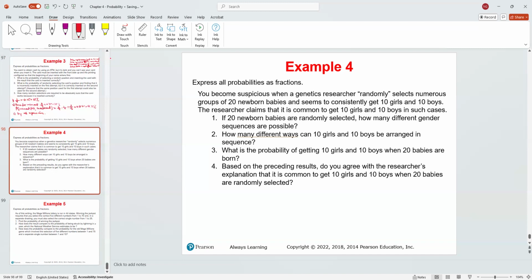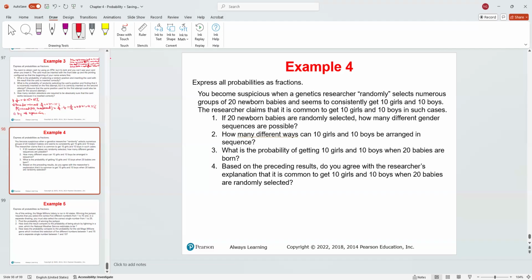It's like a fair coin toss, like you flip a fair coin. So for 20 babies, we assume a binomial model. The probability that you obtain a boy is 50%, 1 out of 2. The probability you obtain a girl is 50%.